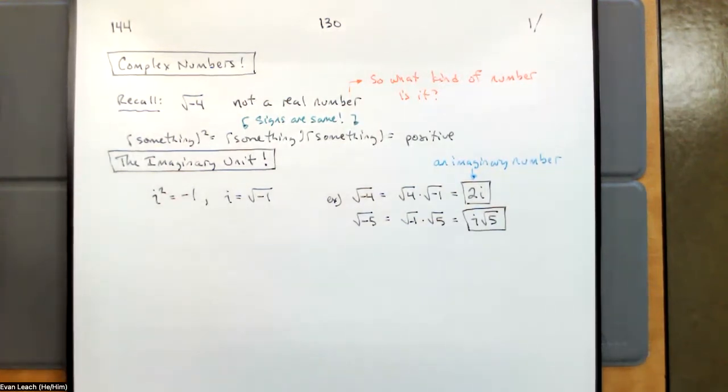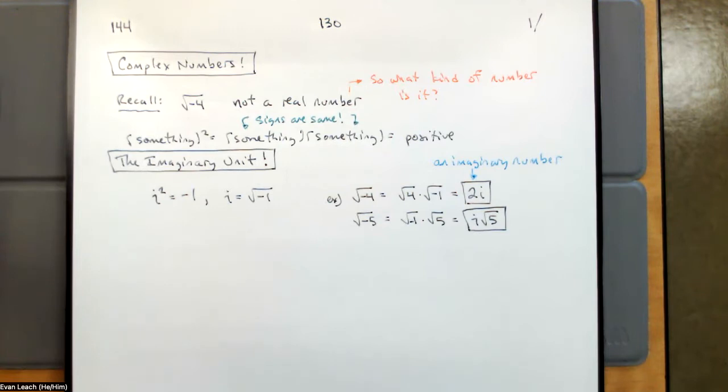So if we're going to be left with a radical as part of our number, we write the i in front of the radical. So when we're simplifying our radicals, if it's a -4, we can take the square root of 4, it's 2. That goes in front like a normal coefficient. But if our coefficient has a radical in it, like the square root of 5 is going to stay the square root of 5, we put that at the end. We put the i out in front.